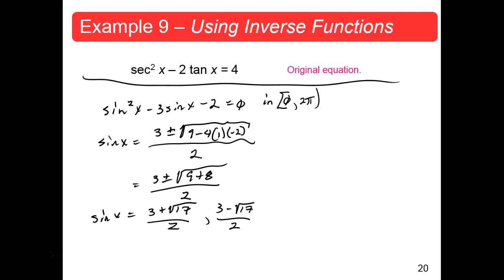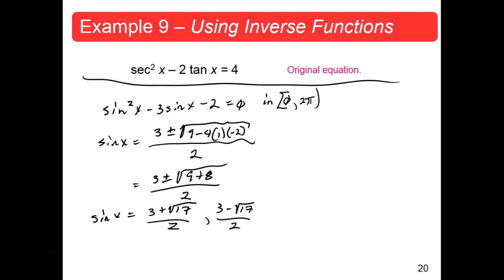I'll tell you right now, the second one will work because square root of 17 is just a little bit more than 4. 3 minus 4 will be a little bit less than -1, and then divide that by 2. Yeah, that's going to be no problem. It's the one on the other side that I think we have a problem with.